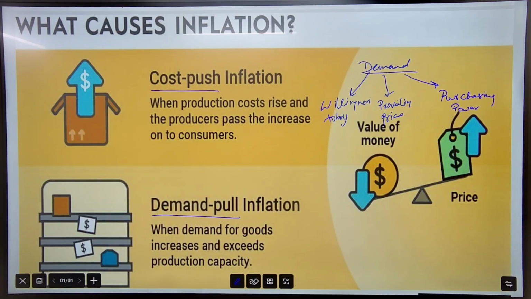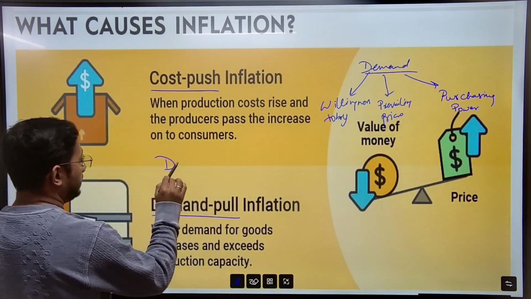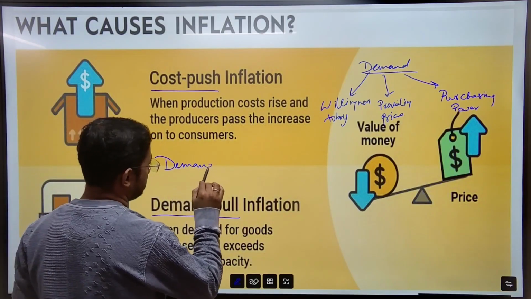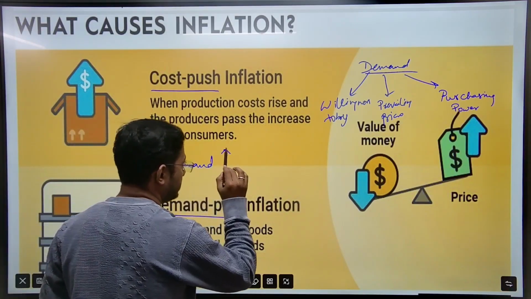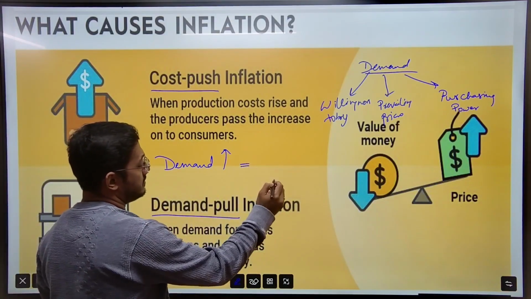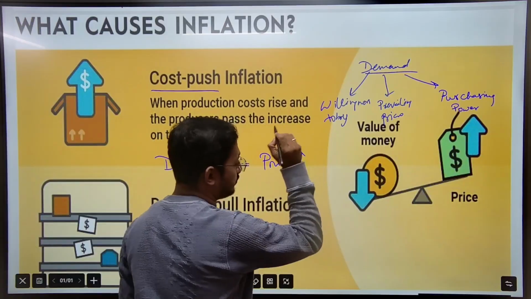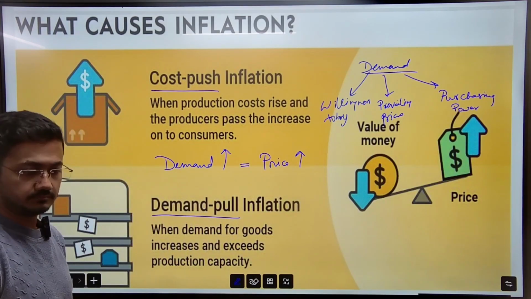Now, if in the market the demand for something rises, then the price of the product also rises.